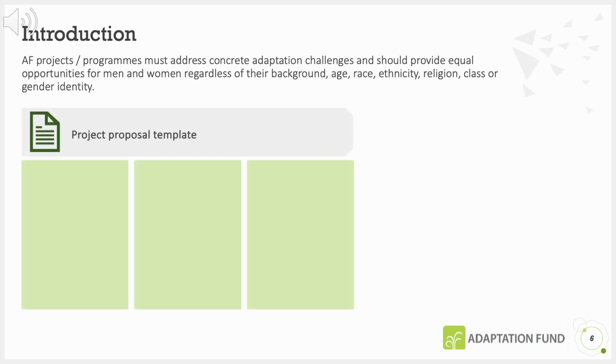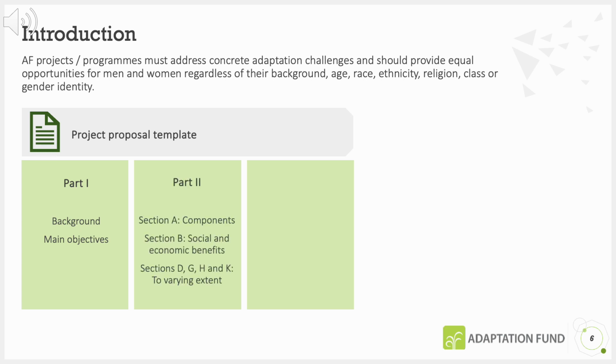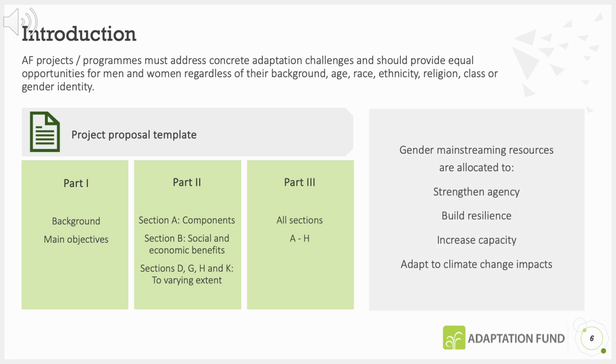Within the full project proposal template, relevant descriptions and explanations of gender mainstreaming should be integrated in Part 1, further detailed in Part 2, and resources allocated in Part 3 to strengthen agency, build resilience, and increase capacity to adapt to climate change impacts and interlink challenges with gender equality.